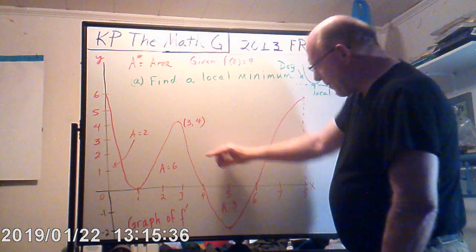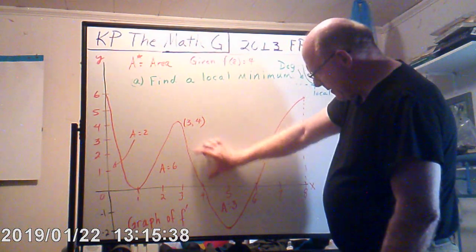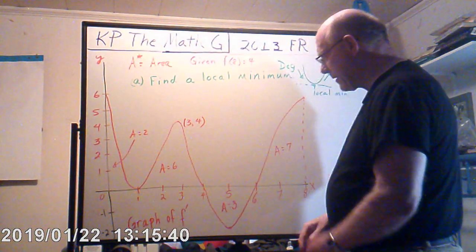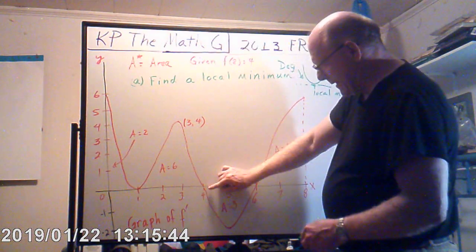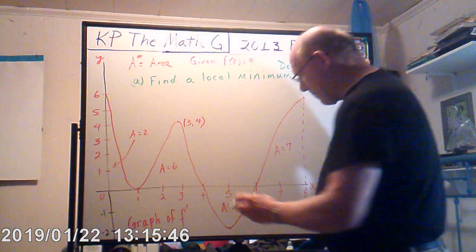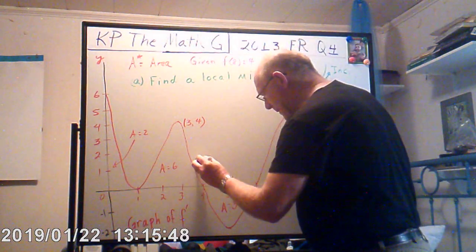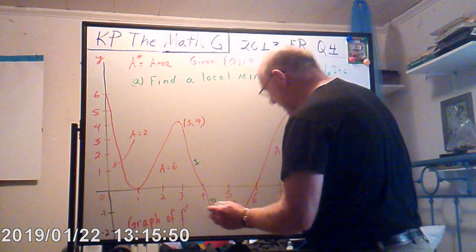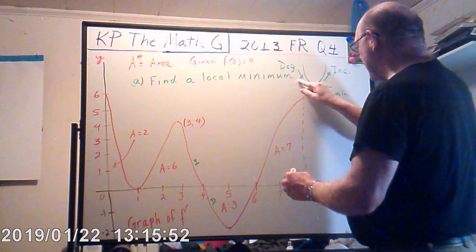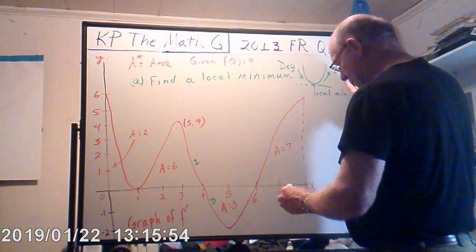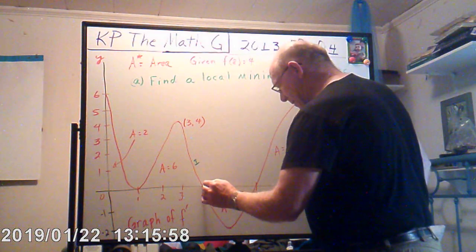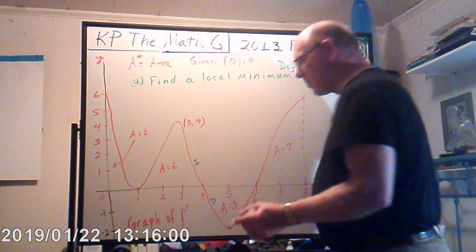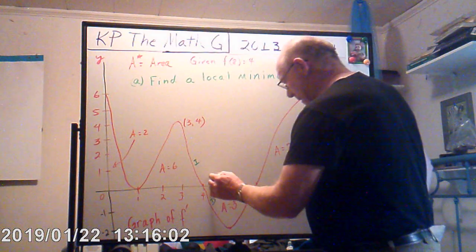If we look at 4, this is increasing and then decreasing. So at x equals 4, that's a max. We want decreasing and then increasing. So if it asks for a local max, this is it right here.